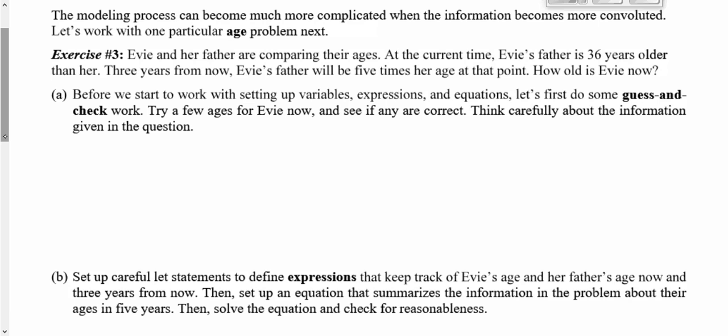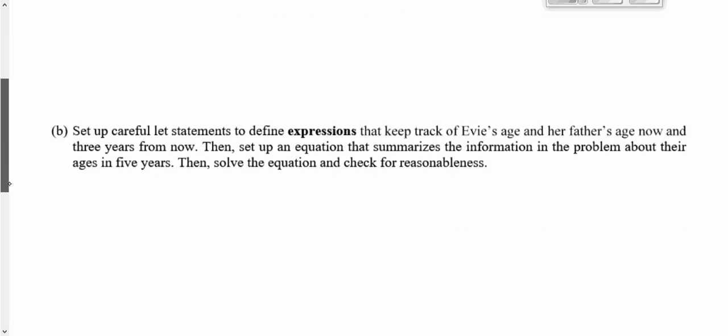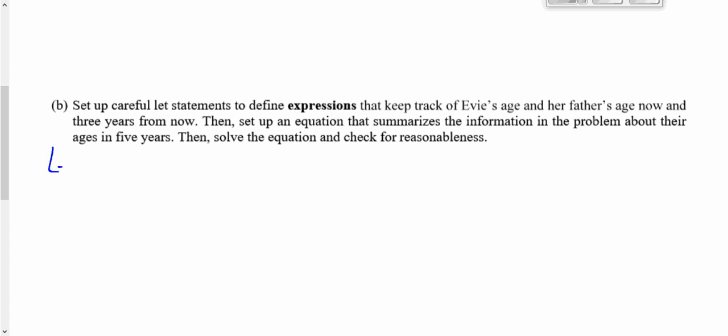3 years from now. Let me ask you a question. What do you want to let stand for Evie's age? So let's go down to B. Let E equal Evie's age now. Right now. Okay?